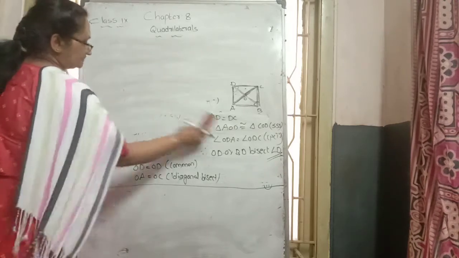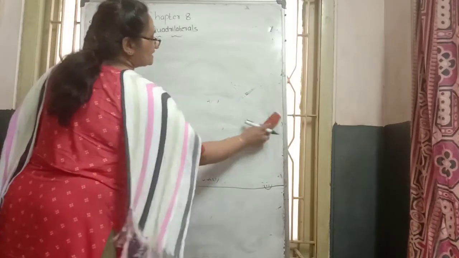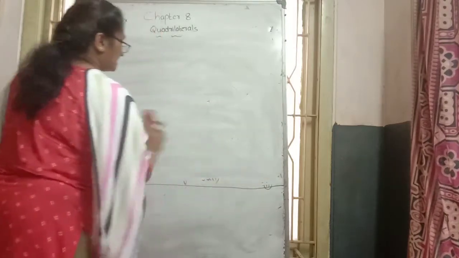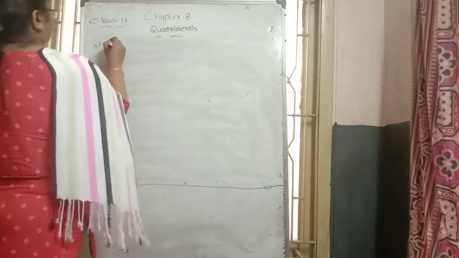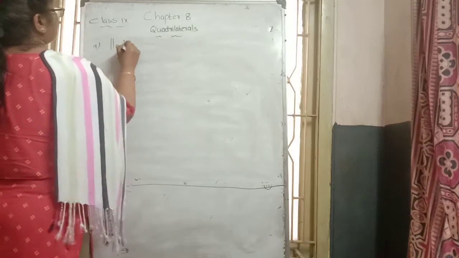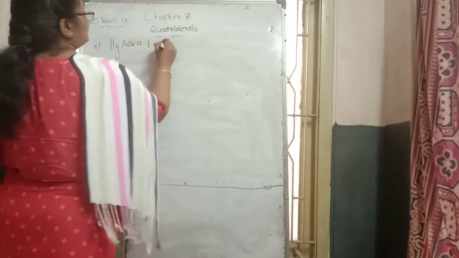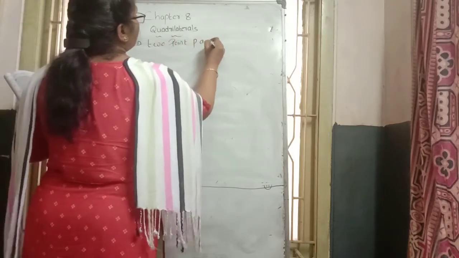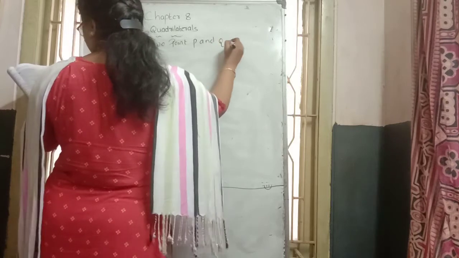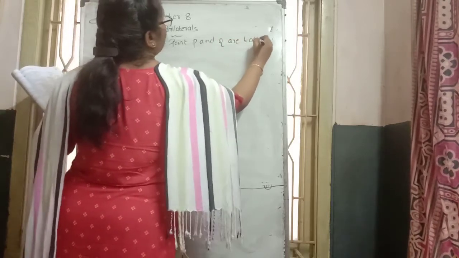In the 9th question, here also they give some conditions. A parallelogram is given. ABCD is a parallelogram. Two points are there, P and Q, taken on the diagonal BD.